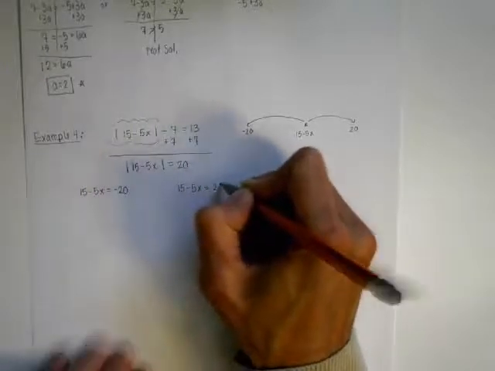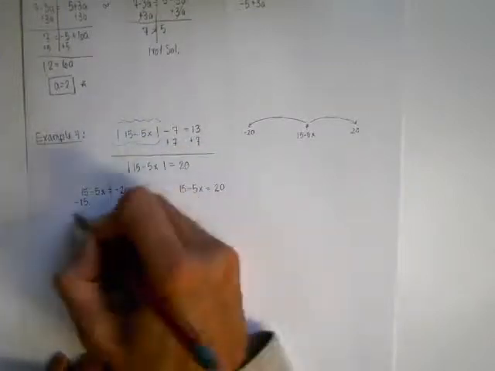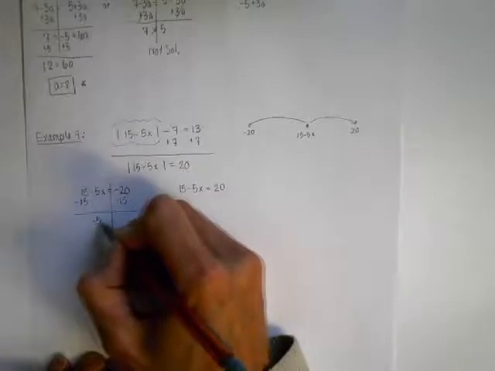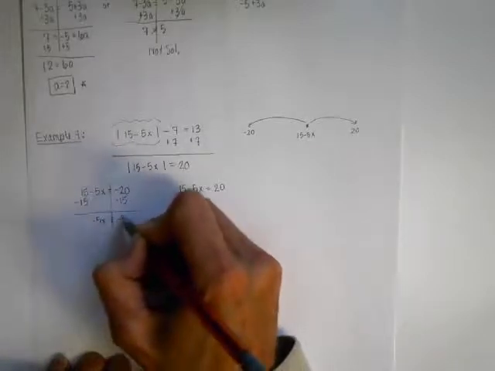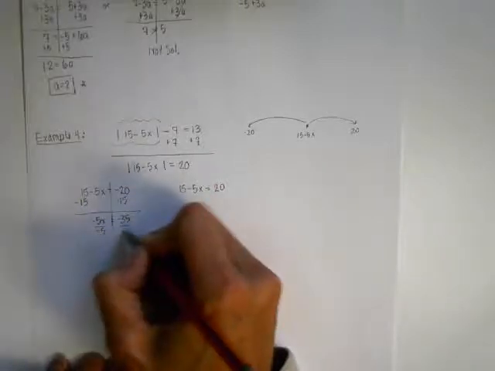Solving on this side, we're going to subtract 15. And we get negative 5x is equal to negative 35. We're going to divide by negative 5 and get x is equal to 7.